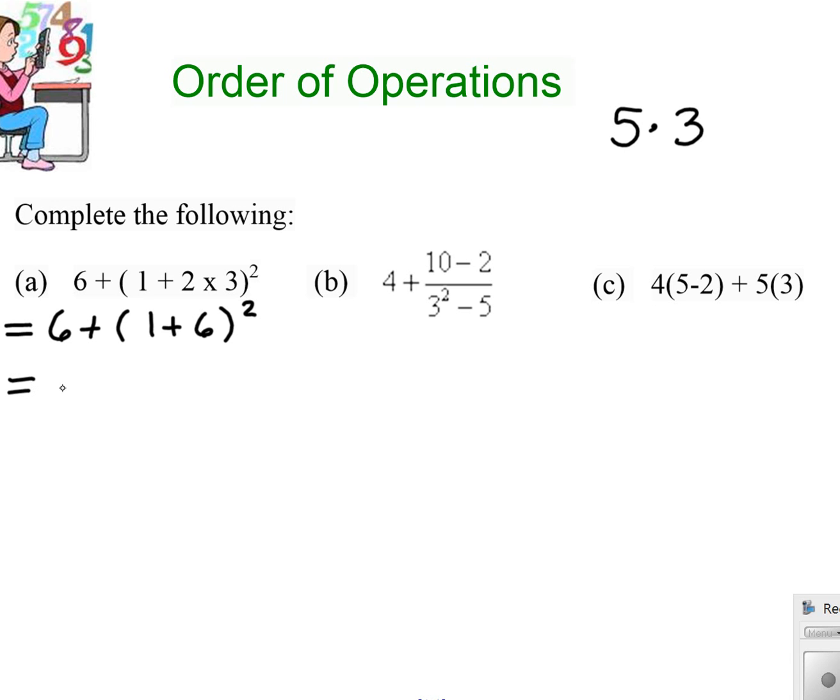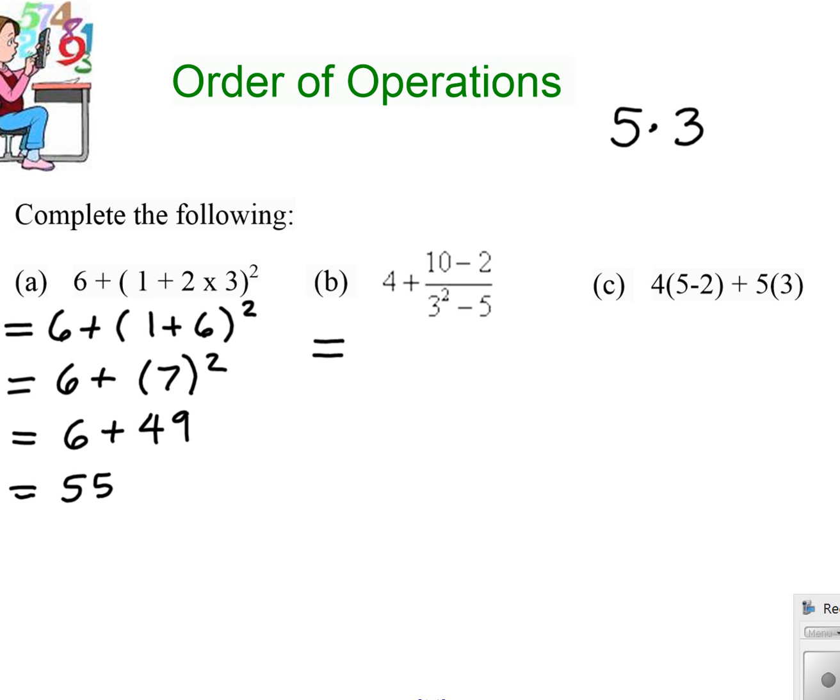Then we're going to keep going with the brackets, and 1 plus 6 is 7. Then we're going to do exponents. So 7 squared means 7 times 7. And then finally, the last step, we're going to be adding. Notice I didn't change the way the question was structured. I just did things in the order that I was supposed to do them, but I wrote the question as it was originally written.